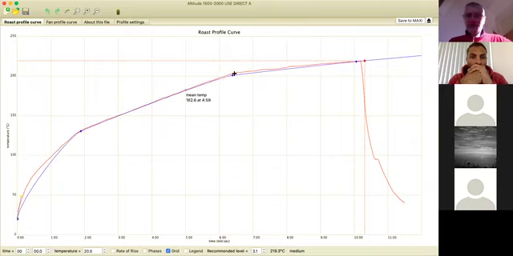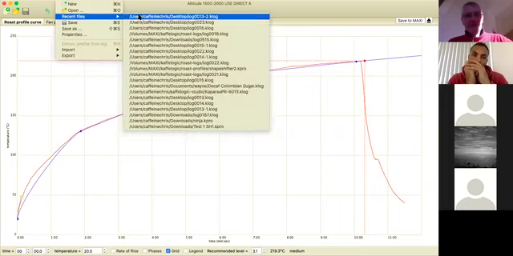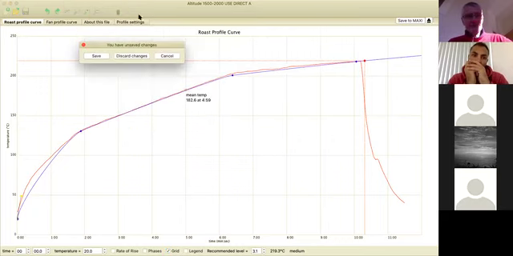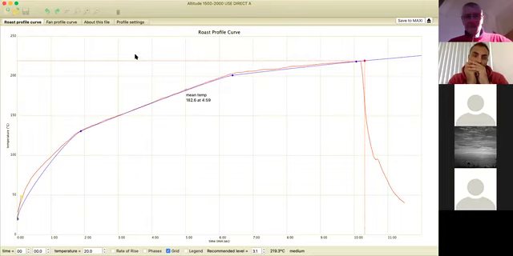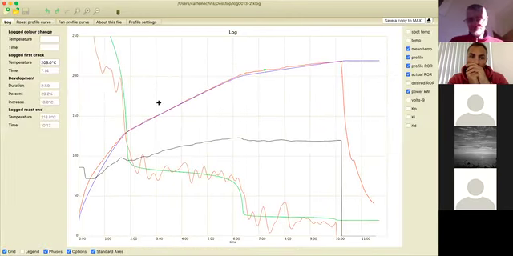Now, the next area that you might want to use a zone in would be when we come to first crack. So let's just pull that log back up again and look at what's going on around first crack.